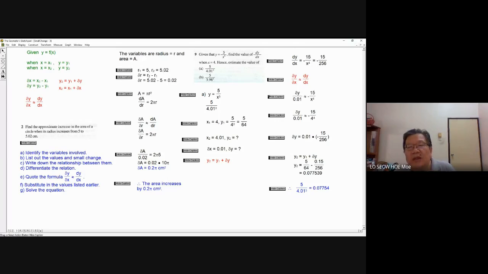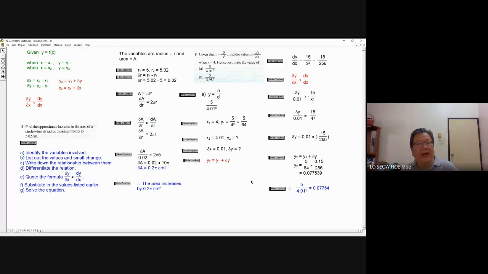Now, this question number 9 is not a question of small change. It's a question of approximation, estimate the value. So if they ask you to estimate, then you cannot give delta y. You have to give the value of y2. How to get y2? y1 plus delta y will give you y2. Cannot use a calculator, you know. You have to use differentiation.